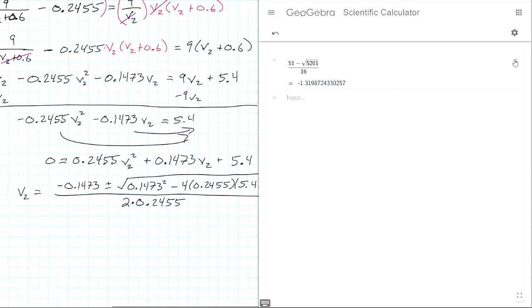These are old. Don't need those anymore. All right, so I'm going to have a fraction, negative 0.1473. I'll do the plus first, square root of 0.1473 to the second, minus 4 times 0.2455 times 5.4, and over 2 times 0.2455.